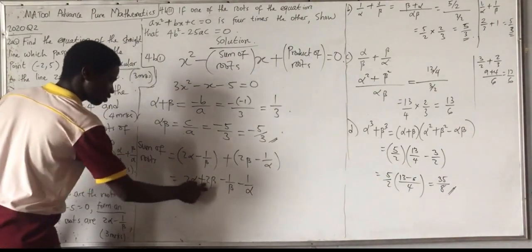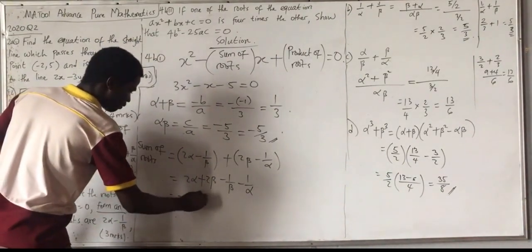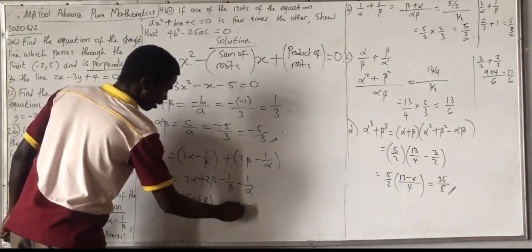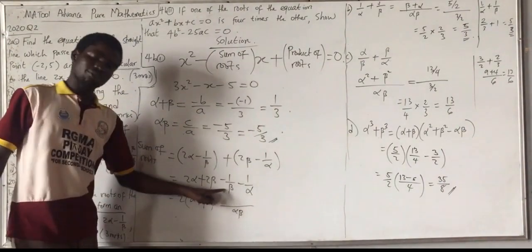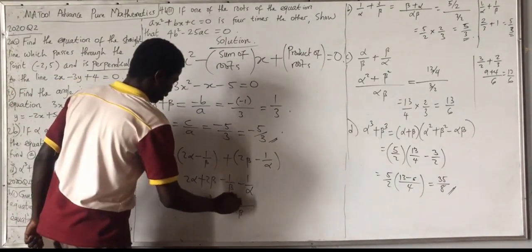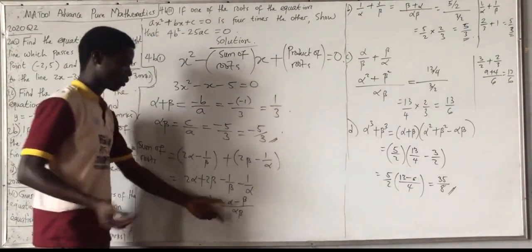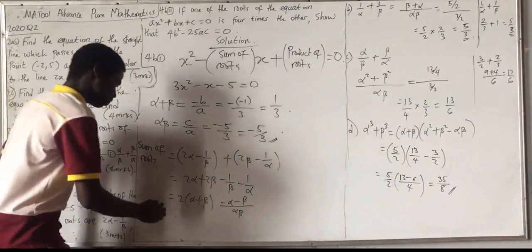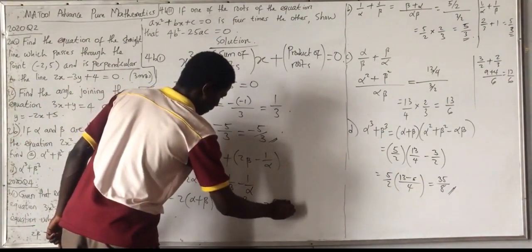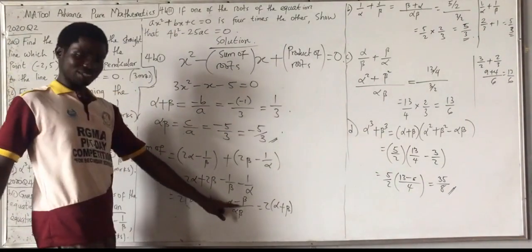So look at this one. 2 is common here. You have alpha plus beta. Now, LCM is alpha beta. Alpha beta times beta, you have alpha, times minus 1, minus alpha, minus beta. That's what you are going to have, right? Now, this is still 2 alpha plus beta. Minus is common at the numerator.